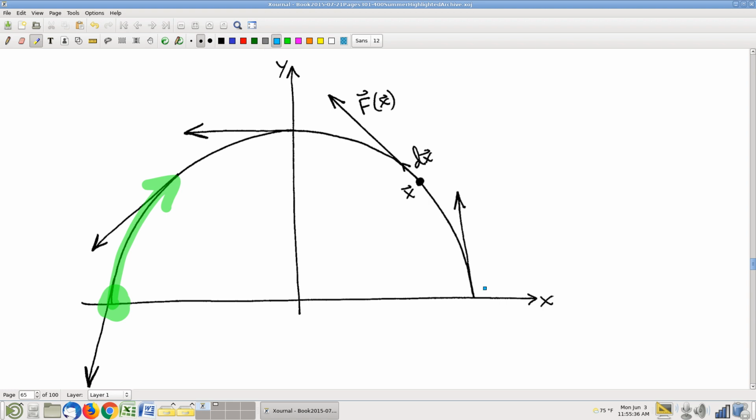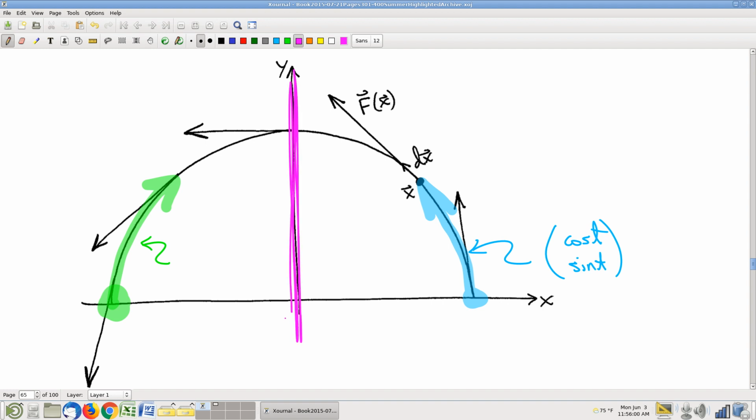as compared to this curve where we start there and move like that, which, by the way, I know how to do, right? This curve here is (cosine t, sine t). Right? Notice that the curve that I am now interested in is a reflection of that. It's a reflection over the y-axis. See what I'm saying?